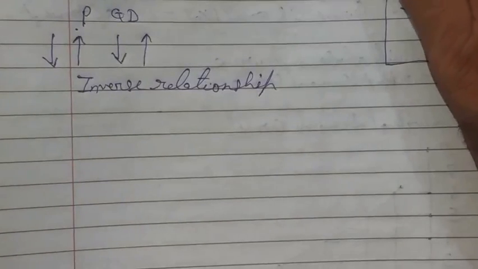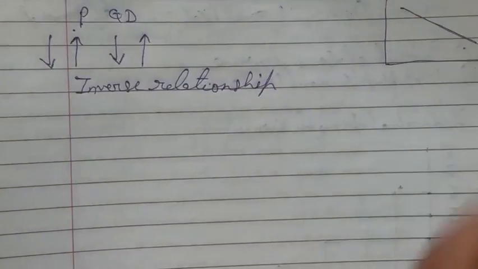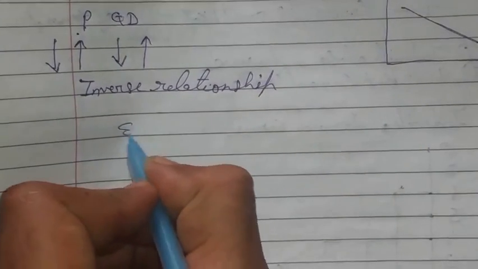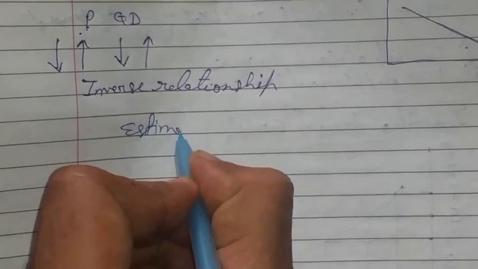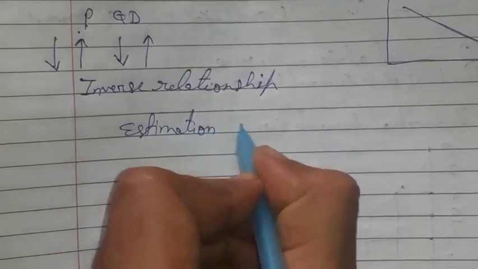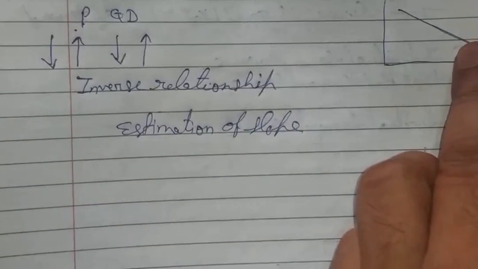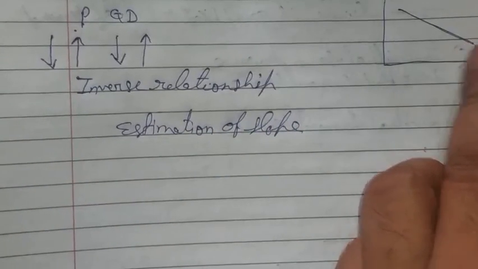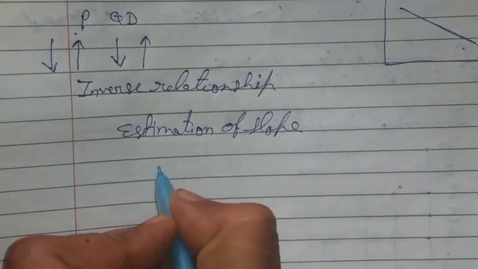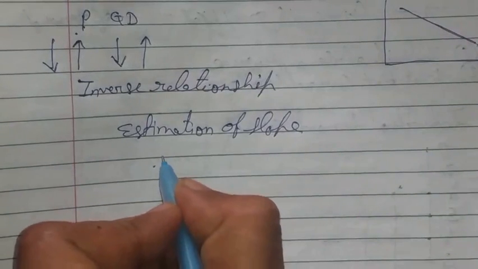Now, how is the slope estimated? Estimation of slope: how much the slope would go downward, that we can count by the formula.